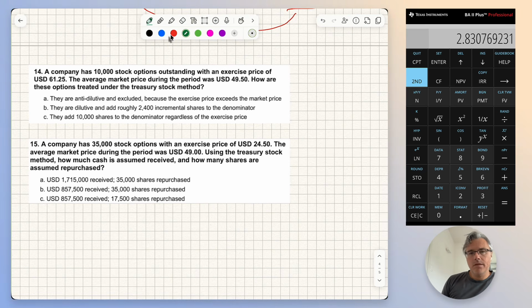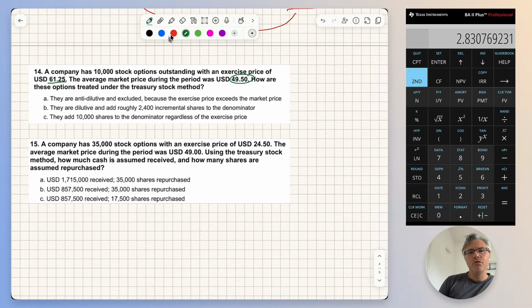Now, in all honesty, I would see this very much as a question that is not theoretical but numerical. And the thing you have to spot immediately, so as not to waste time, is the fact that the exercise price on these options is 61.25, which is way higher than the prevailing market price. So even if you assume that the options get exercised, the proceeds from the exercise would more than enough cover the repurchase of shares in the market.